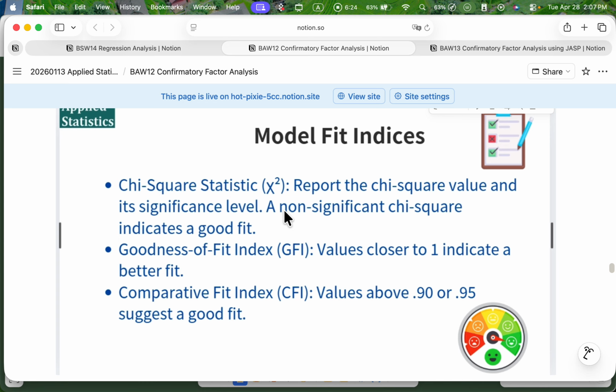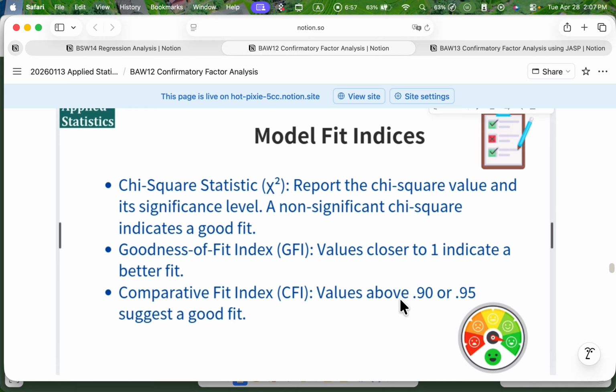We have more indexes to report, such as the goodness of fit index, called GFI. We're looking for GFI close to 1. Close to 1 indicates a better fit. Then the CFI, the comparative fit index, with a value above 0.9 or 0.95, also suggests a good fit.